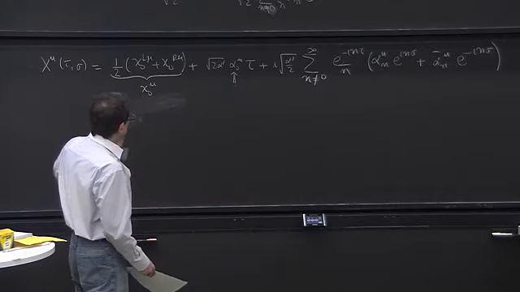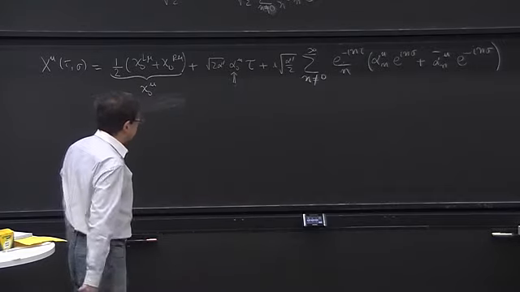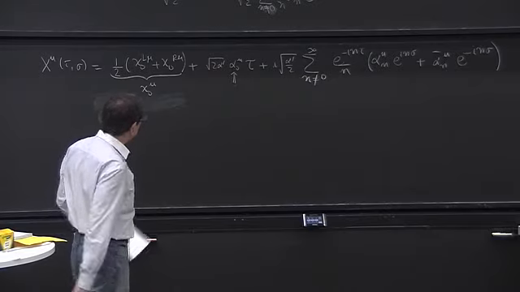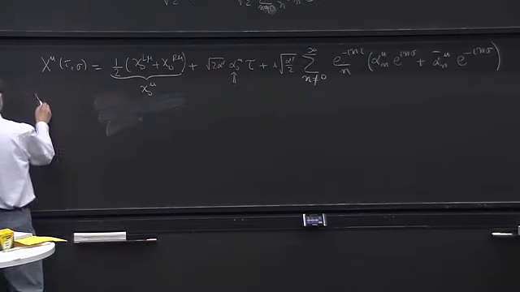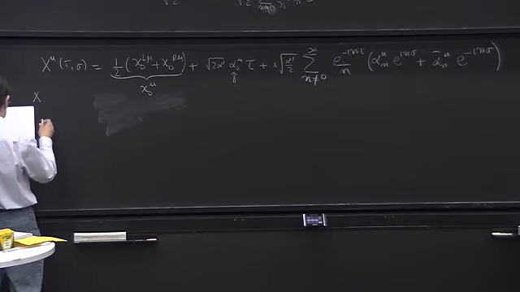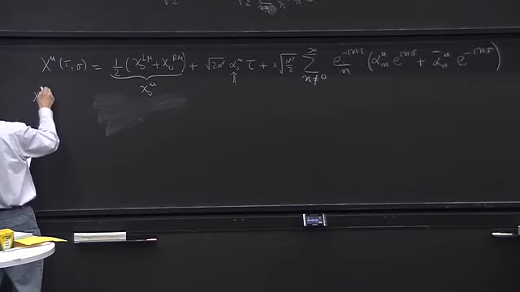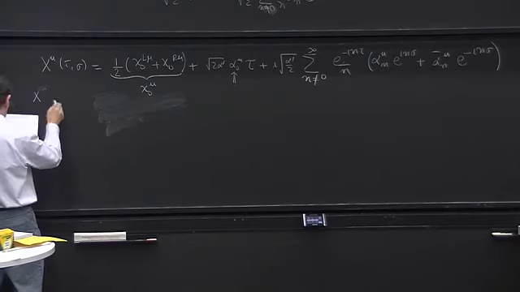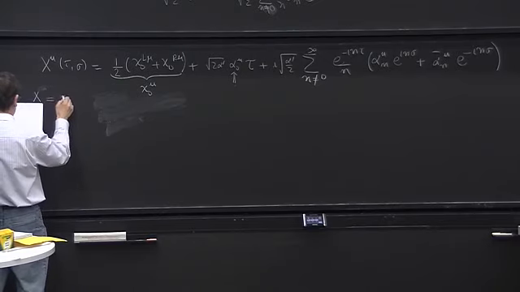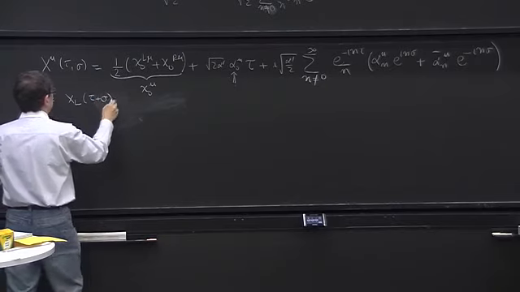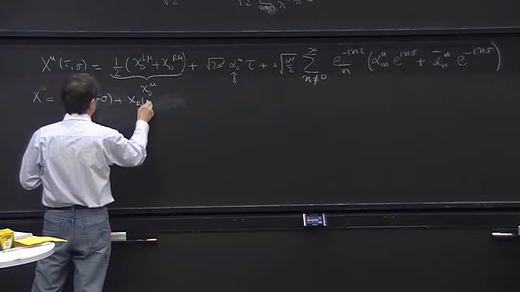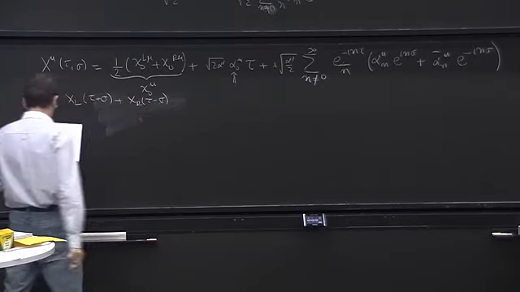Okay, so I want to argue that these things have been written in such a way that things look good. So let's rewrite the fact that x, and I won't put the subscript mu, it's just too much work, X is equal to x left of tau plus sigma plus x right of tau minus sigma.